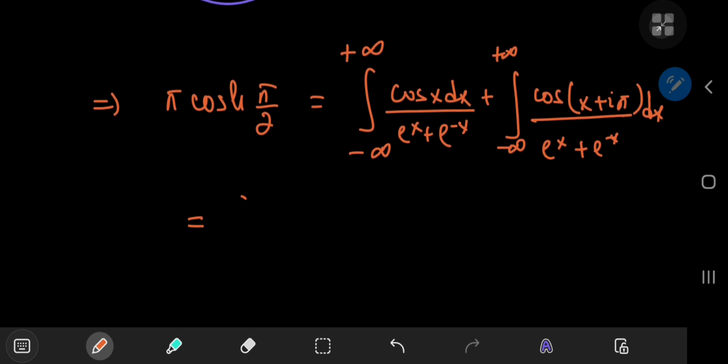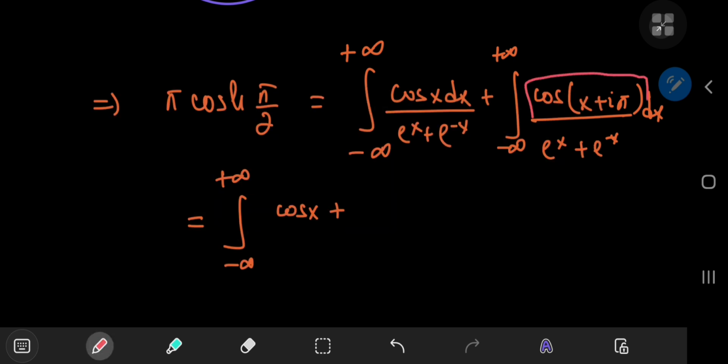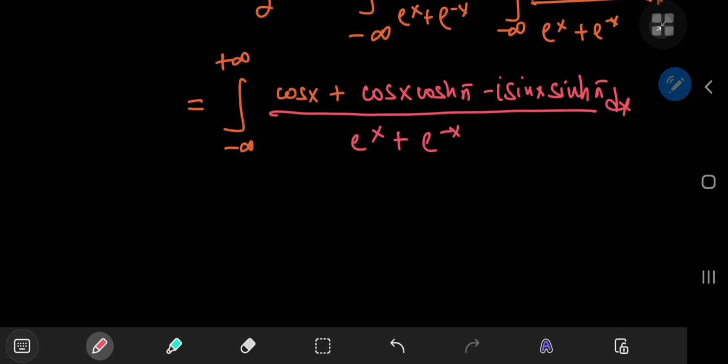So you can combine these two integrals because you're integrating over the entire real line in both cases, and you have the same denominator, so the cosine of x plus this term here that you can expand. So you have the cosine of x times cosh pi, minus i sine x sinh pi, divided by e to the x plus e to the negative x, which is great. And what you can do now is separate the real and imaginary parts.